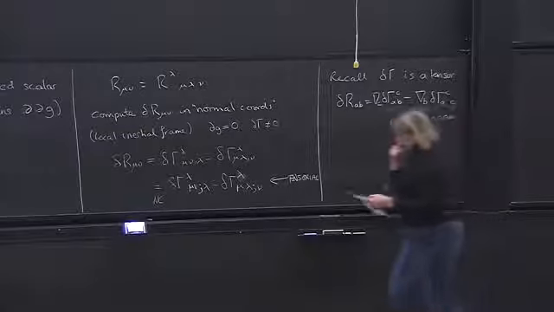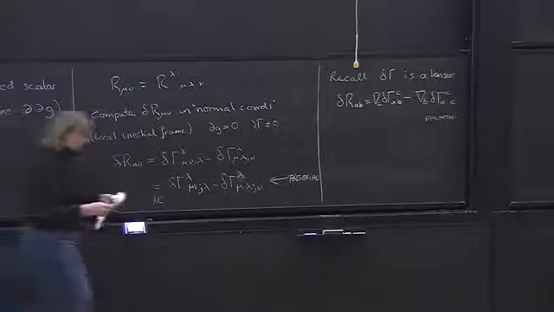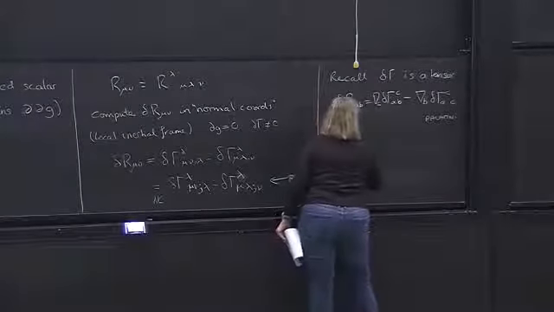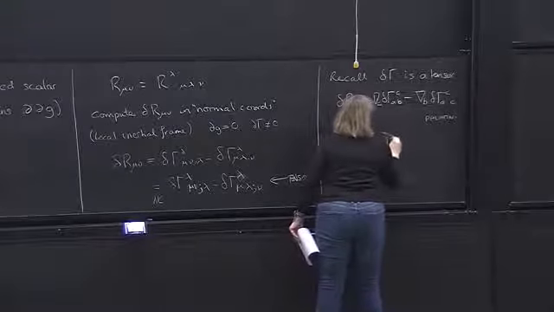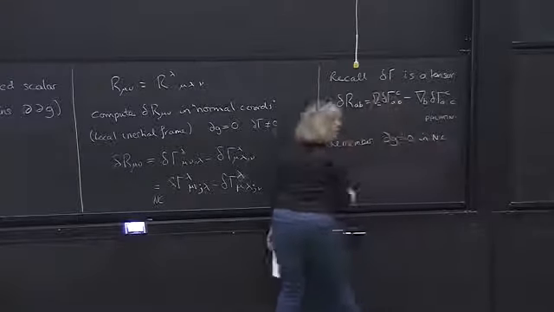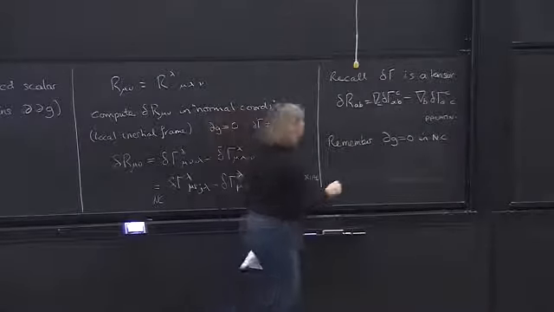So we're doing well now. Now we just have to find delta gamma. To get delta gamma, remember that the metric has no partial derivatives.